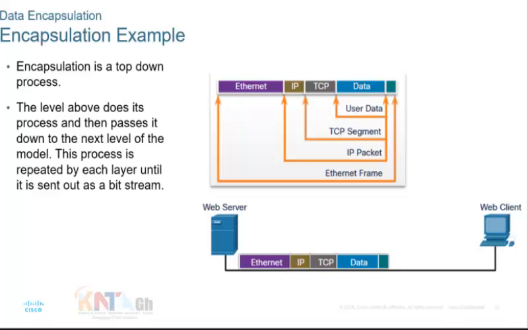So encapsulation is a top-to-down process where the level above does its process and then passes it down to the next level of the model. This process is repeated by each layer until it is sent as a bit stream.